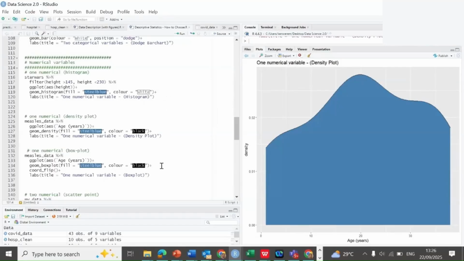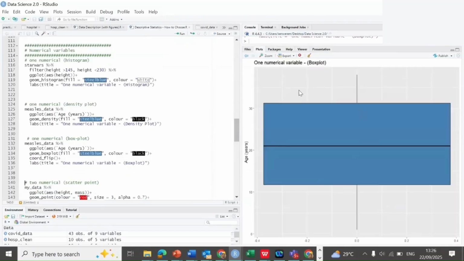Another way you can describe one numerical variable is using a box plot. So this is how a box plot looks. It has the whiskers at both ends of this box, and this box gives us three pieces of information. The middle line tells us the median of that numerical variable. The lower edge shows us the first quartile or the 25th percentile, and then the upper edge shows us the third quartile or the 75th percentile.